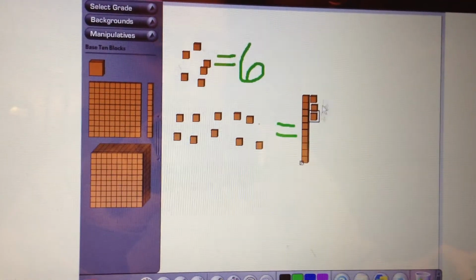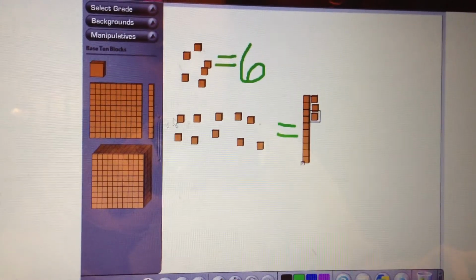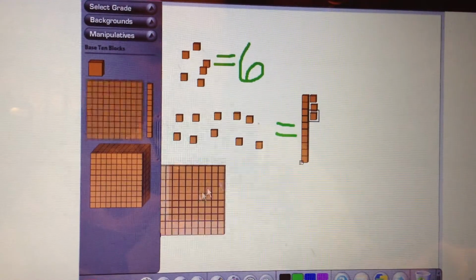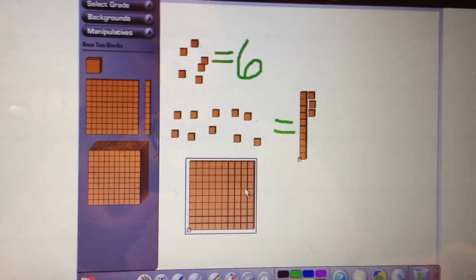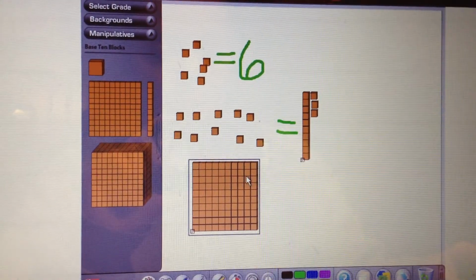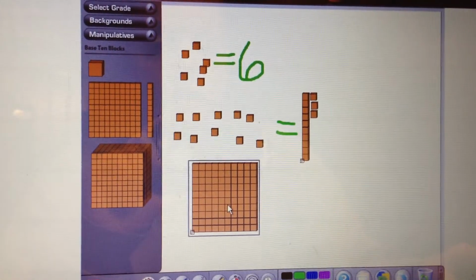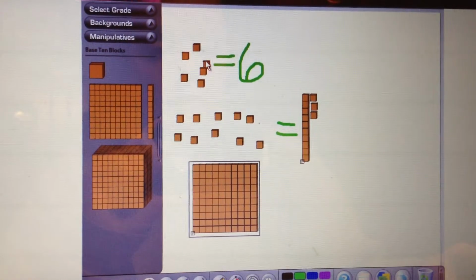And then knowing that information, they can begin to use this system to transfer to the flats and the larger block, which equals 1,000. So they can understand that 10 of these longs creates 1 flat, and that is equal to 100 small units.